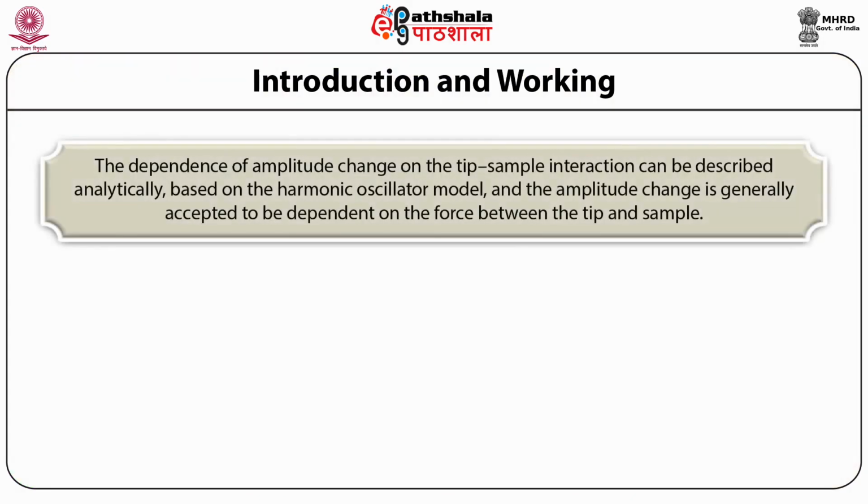The dependence of amplitude change on the tip sample interaction can be described analytically based on the harmonic oscillator model, and the amplitude change is generally accepted to be dependent on the force between the tip and the sample. Therefore, AM mode measurements represent the direct force between the tip and the sample.